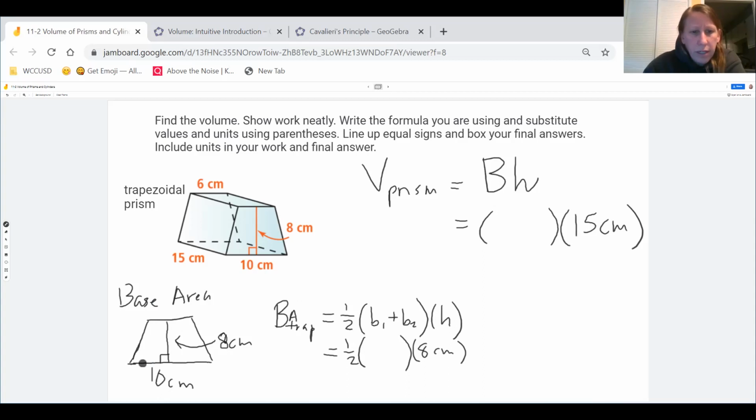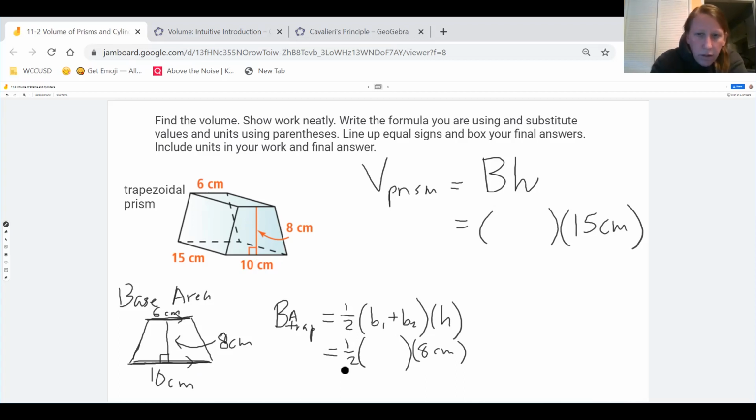Well, a trapezoid has one pair of parallel sides, and those sides are the bases. So this base is 10. Uh-oh, do we know how long this is? We can kind of go back to this. Oh, look, it's 6. Okay, so I can bring in my 6 centimeters over here.